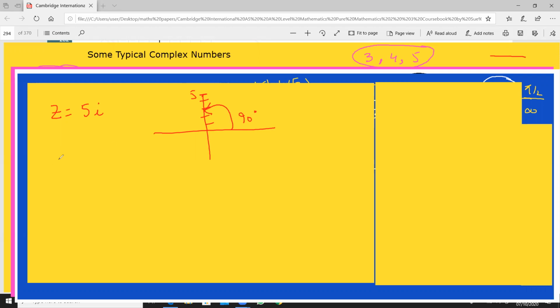Can you give me a complex number whose argument is minus pi by 2? Minus pi by 2. Come on.